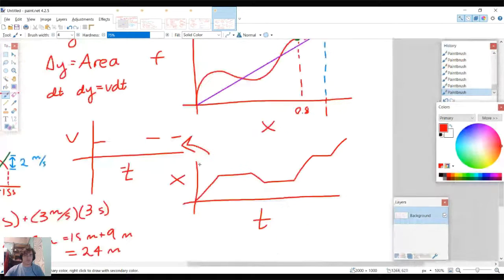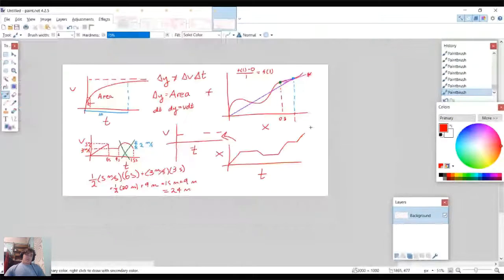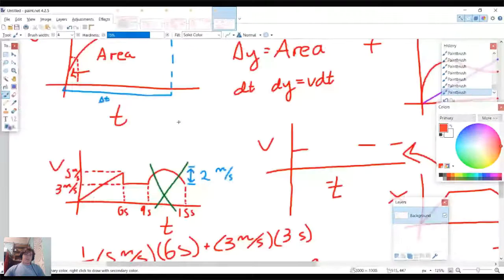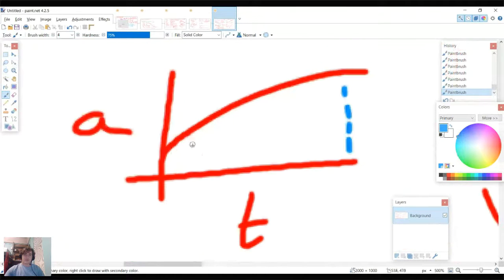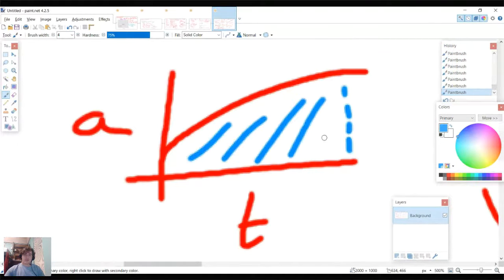And basically, you can see that there's no acceleration going on in this graph. And there's also the same case here, that if you have, say, acceleration as a function of time, we'll do the weird looking graph again. This area is the change in speed.